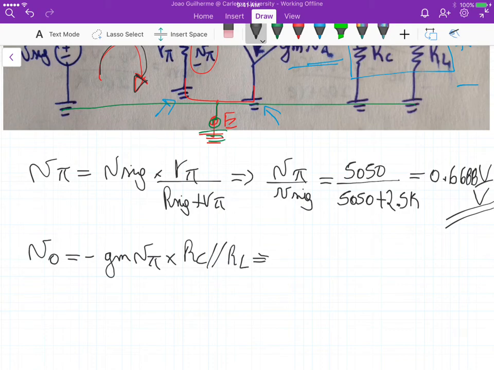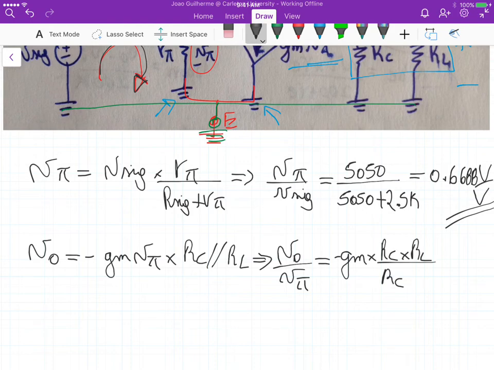And that gives us V out over V pi that equals minus GM times RC times RL divided by RC plus RL. So V out over V pi is equal to minus GM, so 0.0198, times RC.